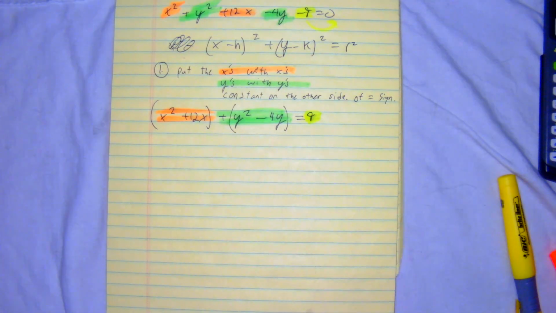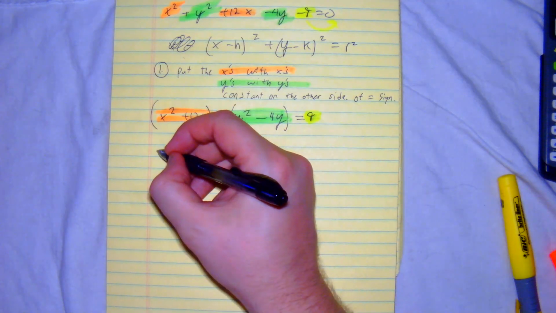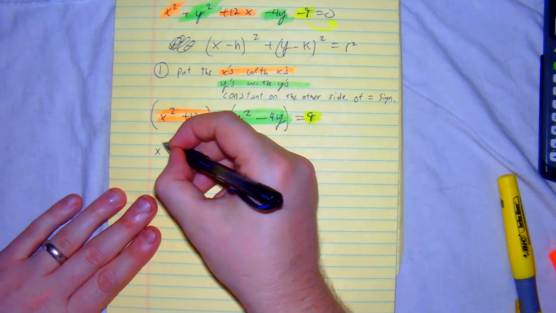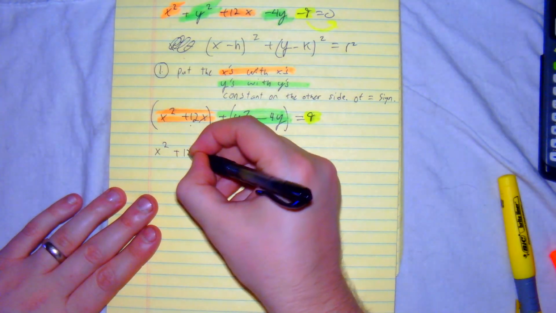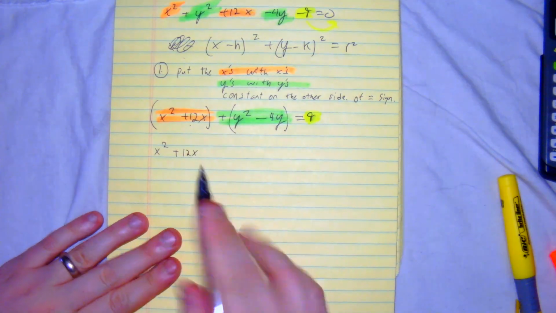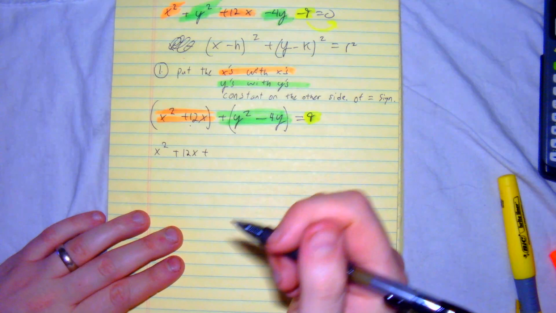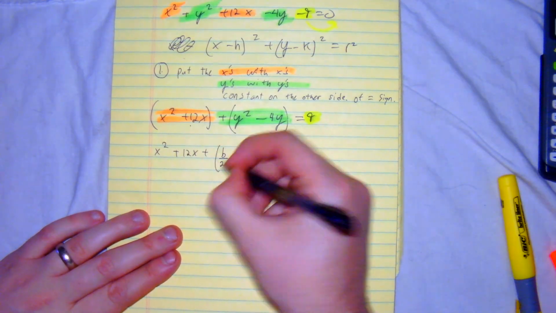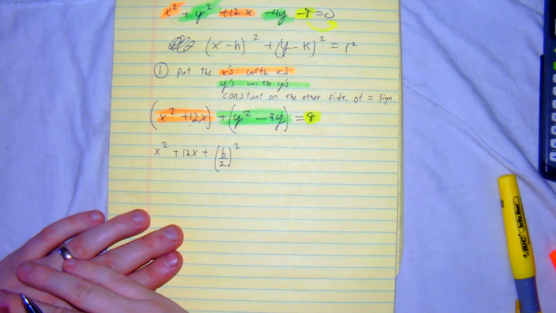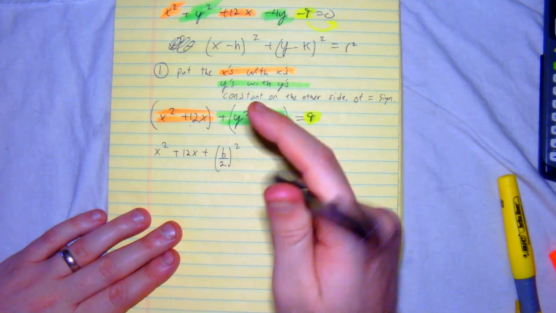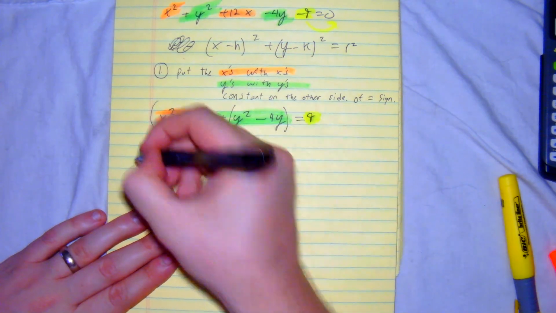First, we know this is our value of b. So we're going to break this out to be x squared plus 12x. The rule says it's going to be plus the following: b over 2 squared. We're going to put that in a bracket.